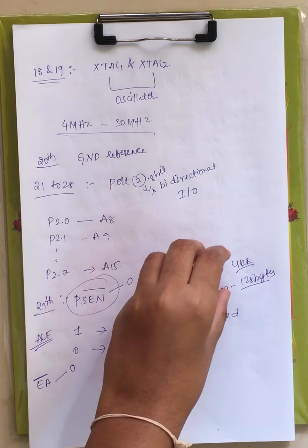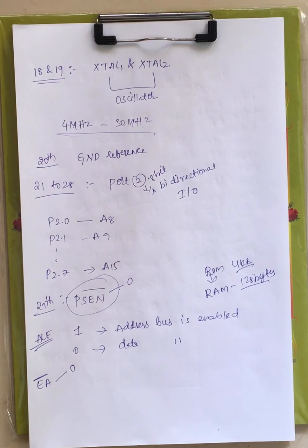Now whatever RAM memory and ROM memory is available with your 8051, for a particular application, if that is not sufficient, externally you can connect RAM memory and ROM memory, right? Now this external access is EA bar.